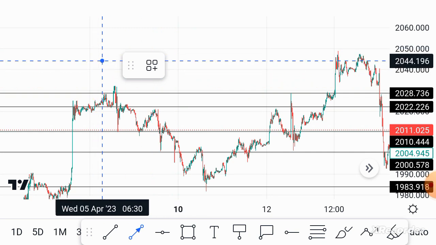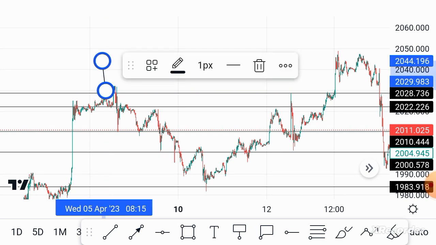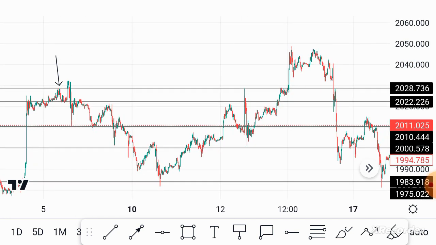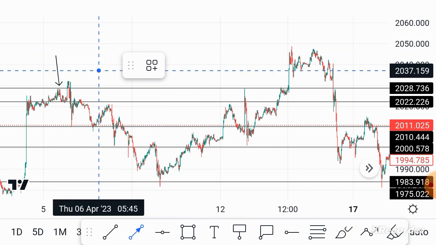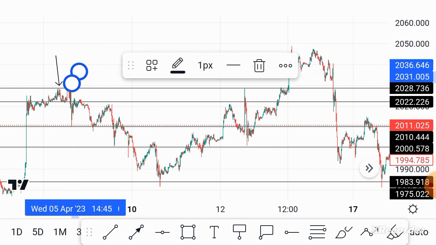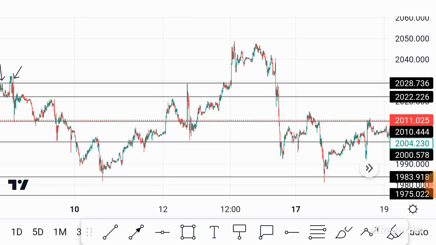Price came here and found resistance on this key level. It found resistance here. It also found resistance here, but there was a bit of manipulation. It broke to the upside and went back in and respected it.